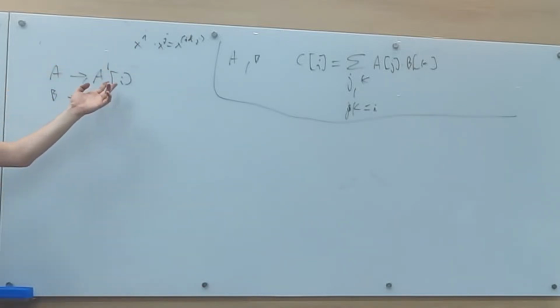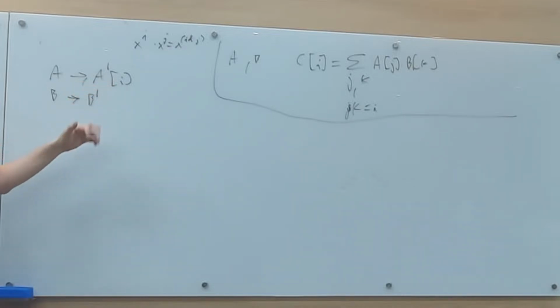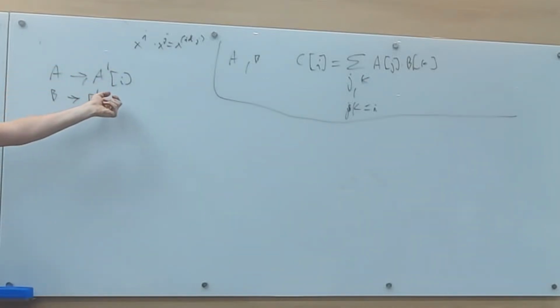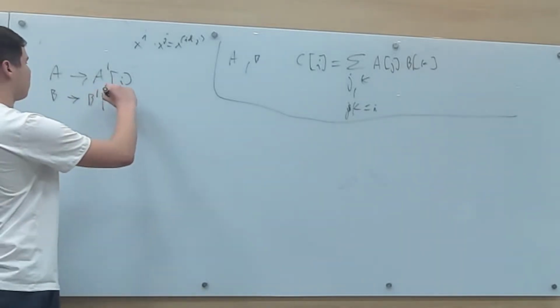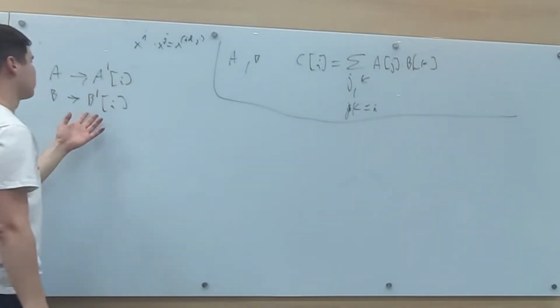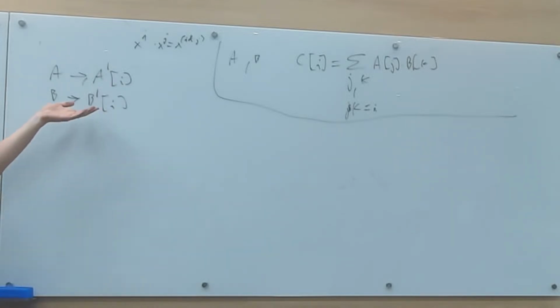So here we have the number of x's such that their exponent is a subset of I. And here we have those in B whose index is a subset of I.